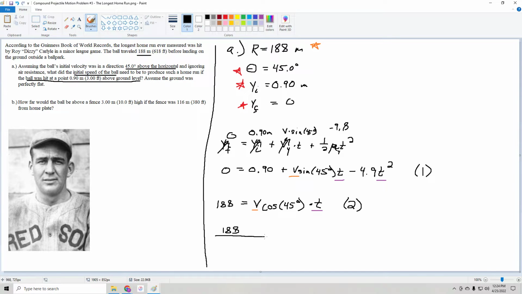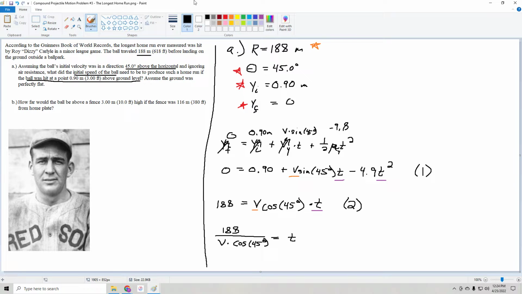188 over v times cosine of 45 degrees is equal to the amount of time it takes for the ball to return to the ground after Mr. Carlyle here hits it.